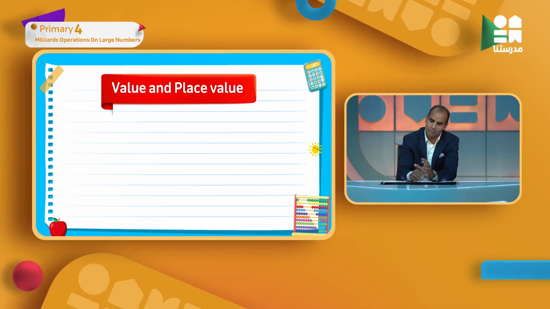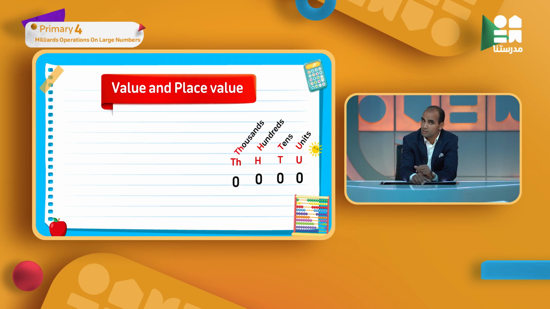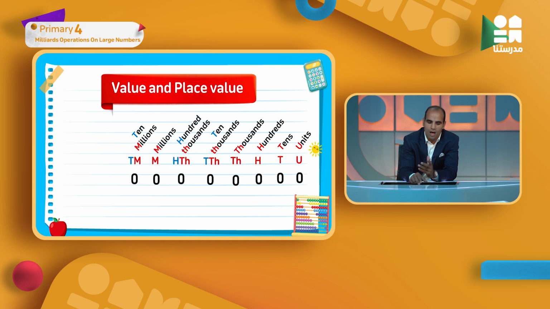Great. Value and place value. Of course, we have units, tens, hundreds, thousands, 10,000s, 100,000s, millions, 10 millions, 100 millions, and milliards. So this is 1 milliard.